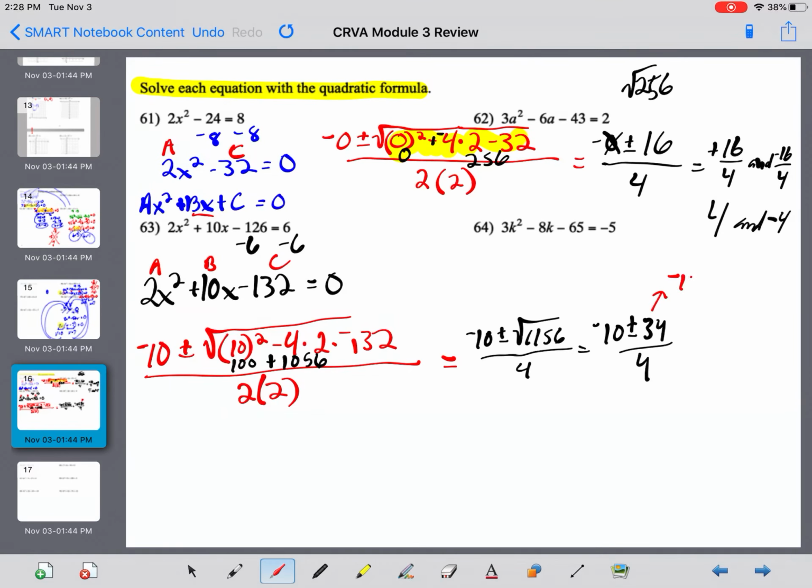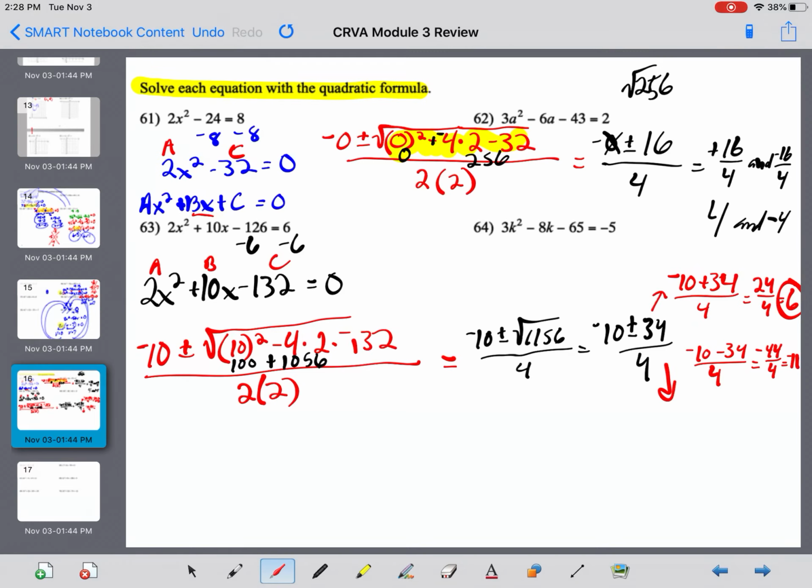And so here, folks, is where we do the split. We take the negative 10 and the 4 on the bottom, and we add 34. And then we take the negative 10 and the 4 on the bottom, and we subtract 34. And you clean this up. You get 24 over 4 on top, which is 6. So 6 is an answer.